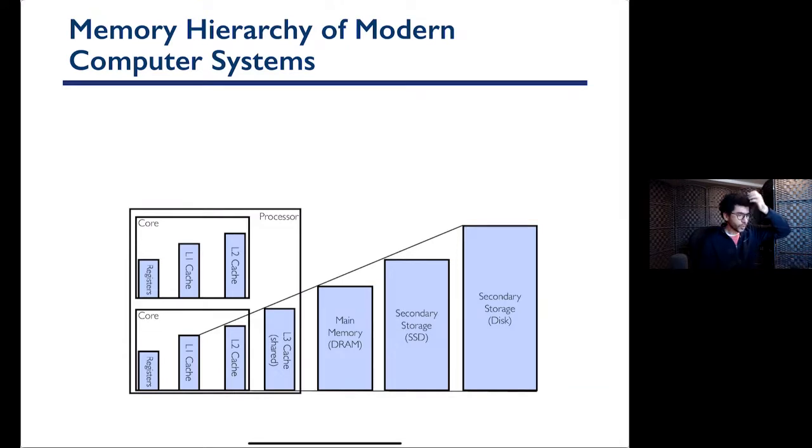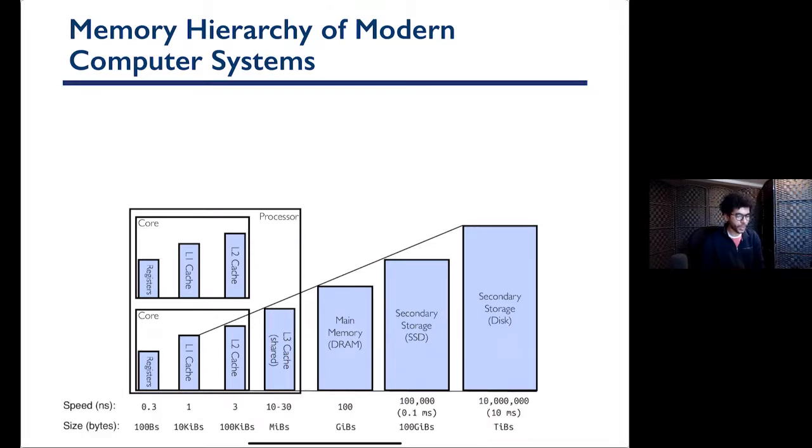So in modern computer systems, you usually have a hierarchy in your memory. It starts with the fastest storage medium next to the processor, which is the register. After that, you have your L1 cache, L2 cache.